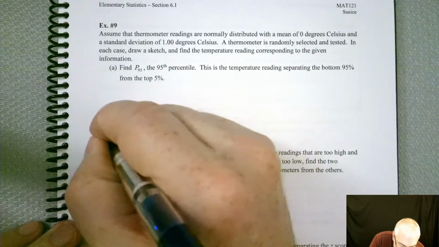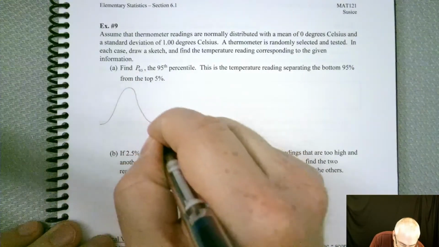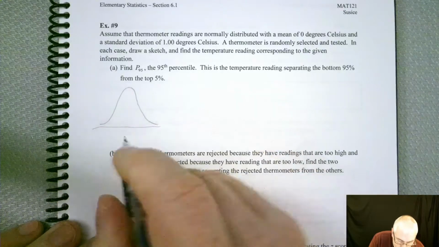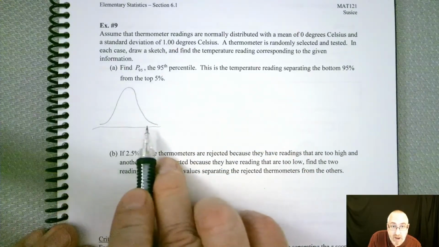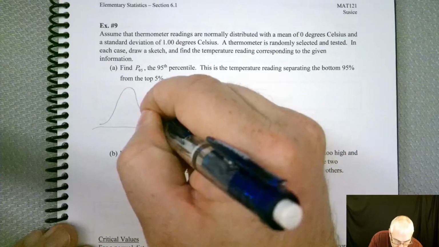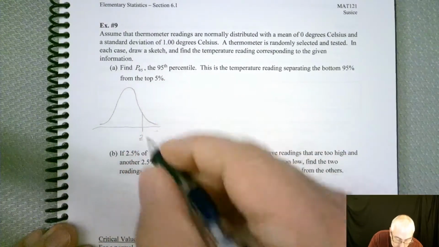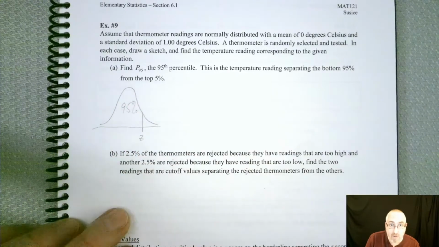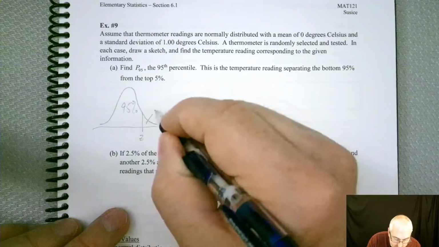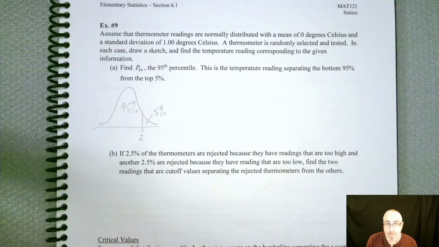So if we draw it, it should look something like this. If we're starting on the left side and we gradually work our way so that we're 95% of the way through, we don't know what that value is, but this is 95%, and this is the remaining 5%. That's what they just told us.